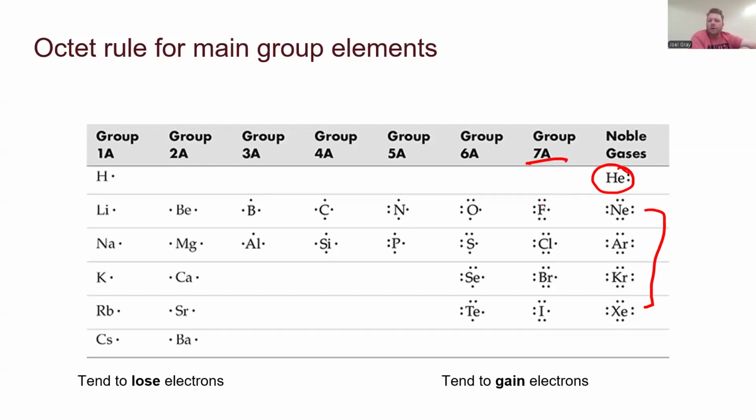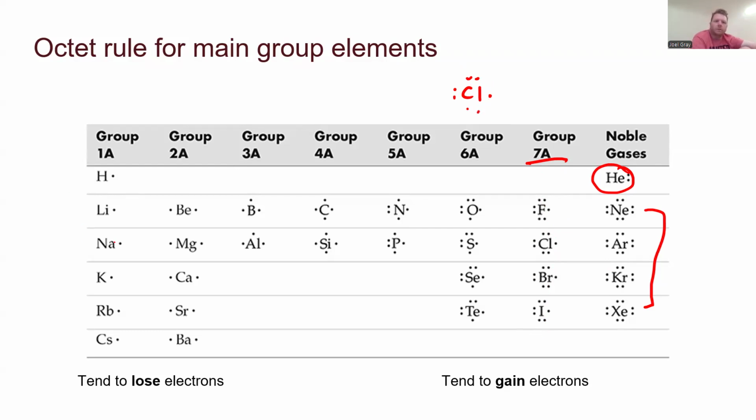Group 7 atoms, fluorine, chlorine, bromine, iodine, by contrast, like to find something they can bond with that they get an electron from, because that gets them to 8 electrons. Let's pick out chlorine, Cl, with 1, 2, 3, 4, 5, 6, 7 valence electrons.